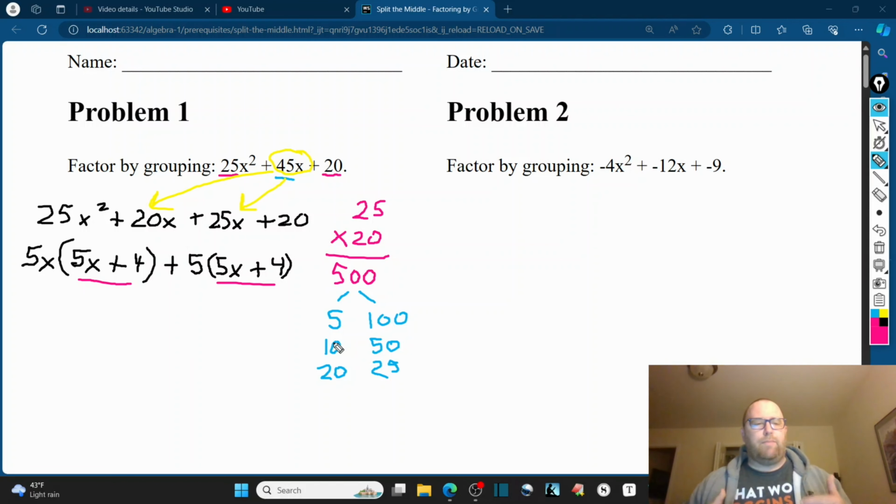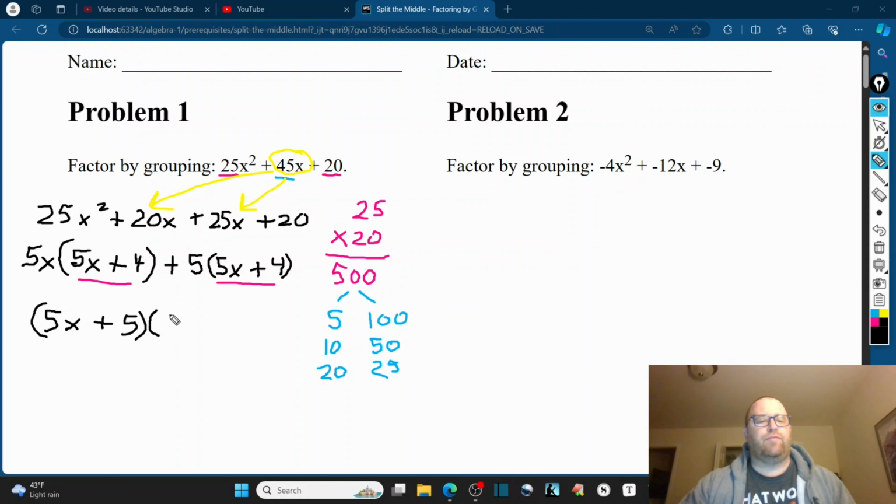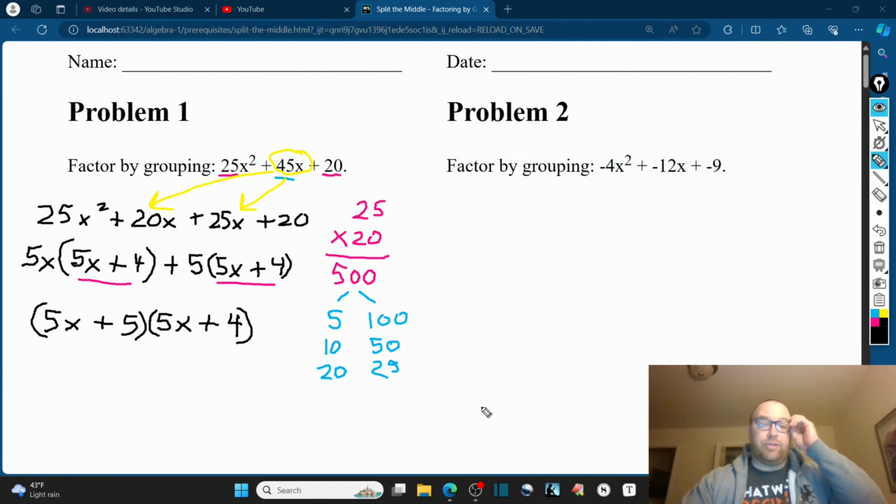If we were going to work back from that, go backwards, we could rewrite this as 5x plus 5 times 5x plus 4. So we've just gone backwards from double distribution.